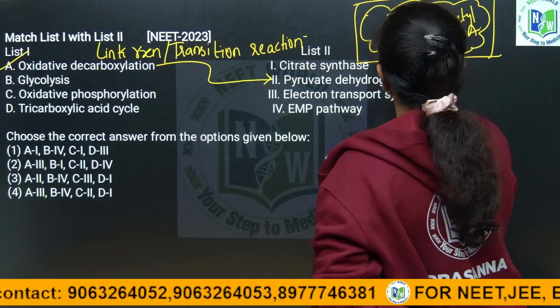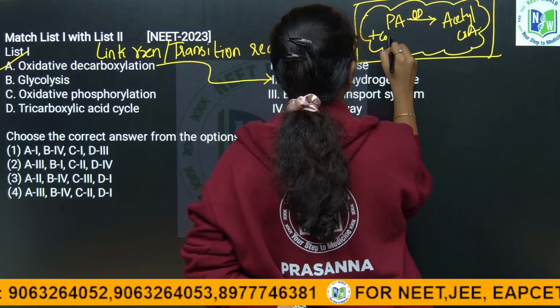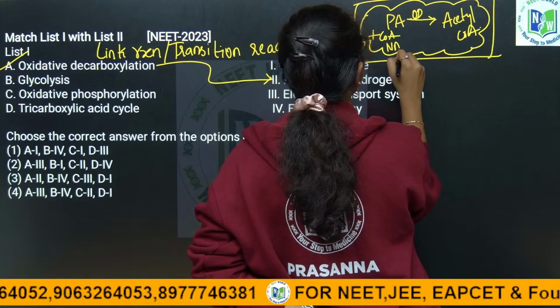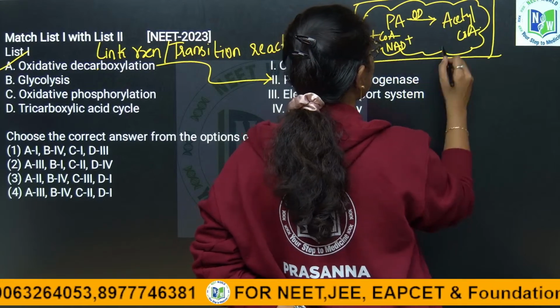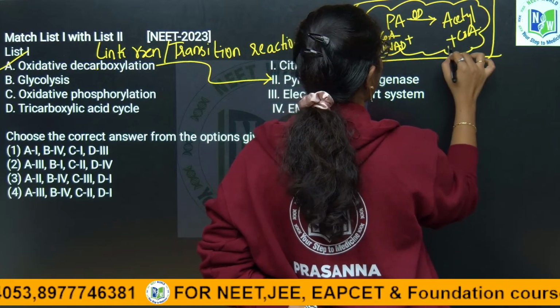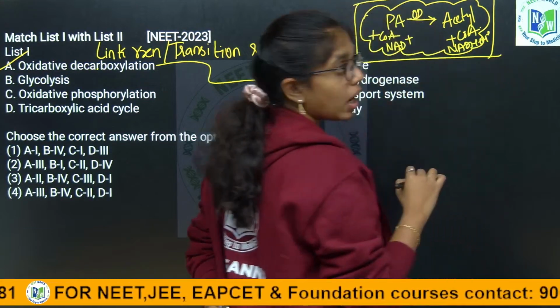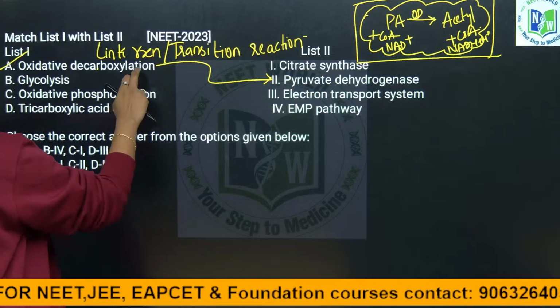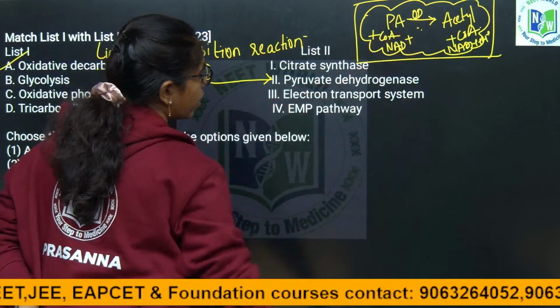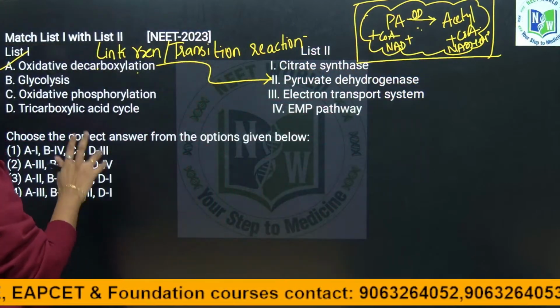Pyruvic acid is combined with coenzyme A and NAD plus, which results in the formation of acetyl CoA and NADH plus H plus. Clear? The enzyme required here is pyruvate dehydrogenase.